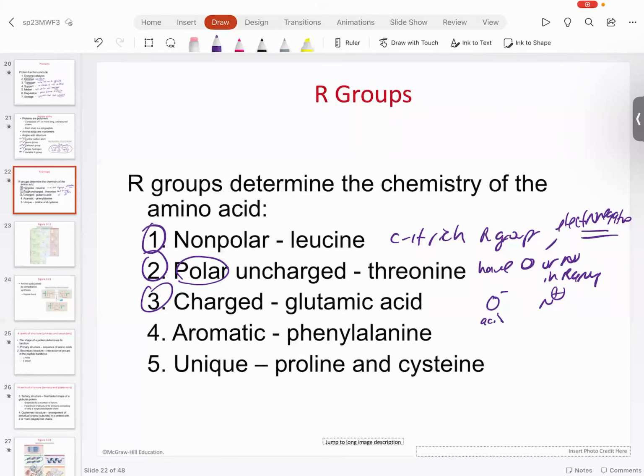So this would often be referred to as an acid. This is a base or basic. Sometimes you'll hear them referred to as acidic or basic. And then you have aromatics, which basically means you have some sort of a ring, usually a benzene ring with alternating double bonds.